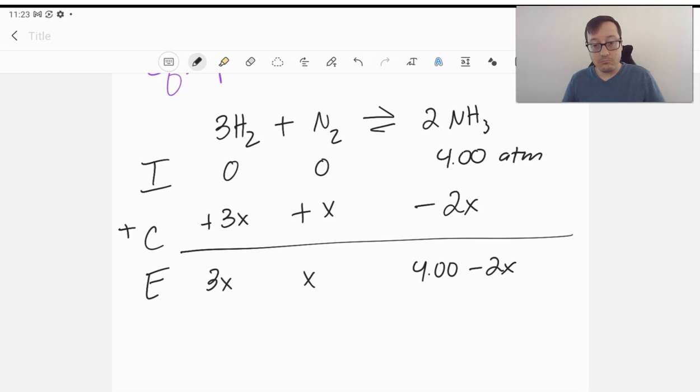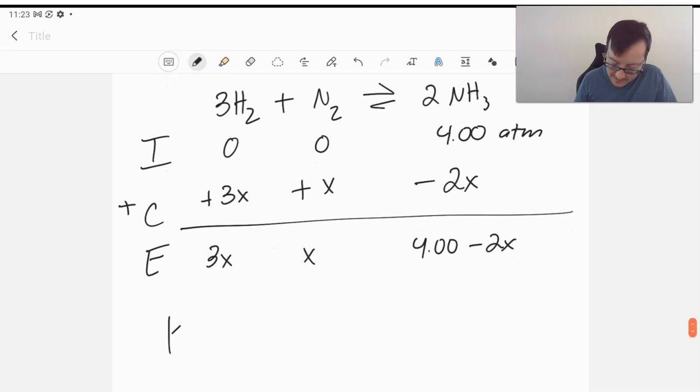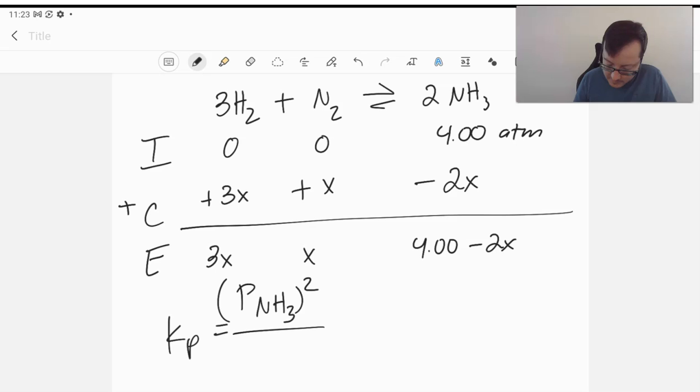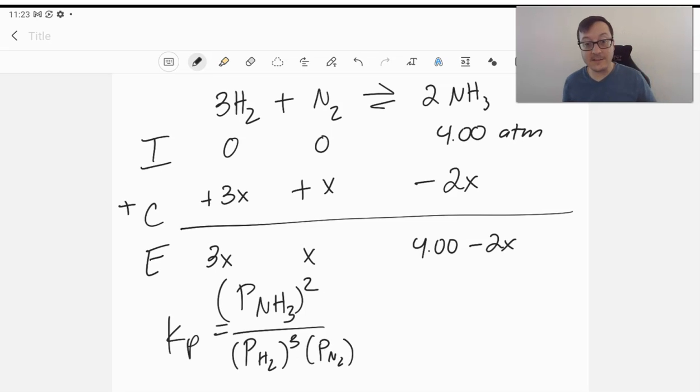And so, what's the point? Well, thankfully, we know that we have an expression for this, right? We have the pressure of ammonia squared over the pressure of hydrogen cubed, and then the pressure of nitrogen. That's our Kp. We can simply plug in these equilibrium values that we found.